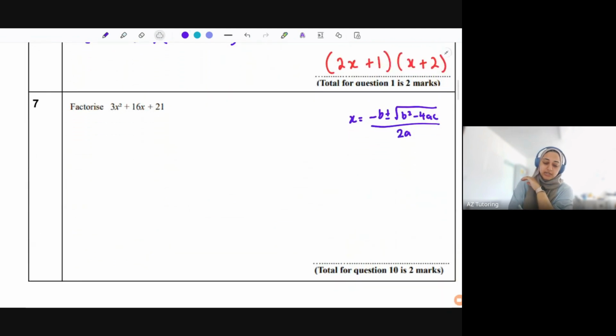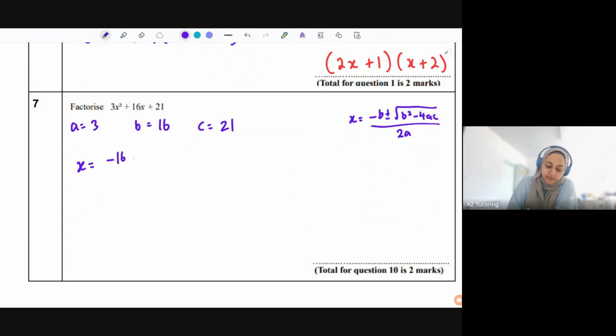So it says factorize this. Using the quadratic formula again, a equals 3, b equals 16, and c equals 21. We've got x equals, we're going to plug everything into the quadratic formula, and I'm going to go backwards.